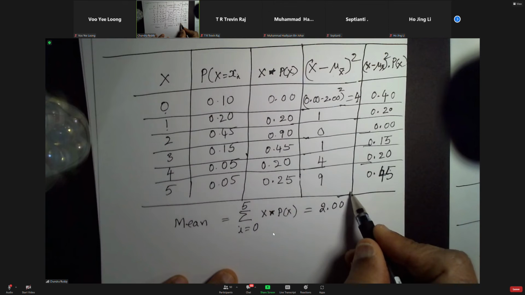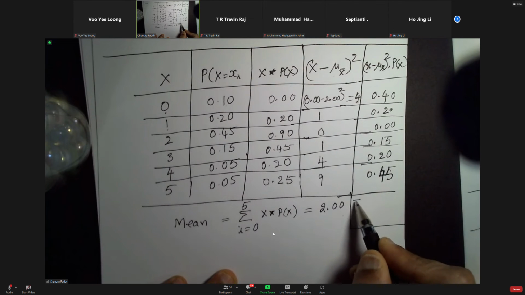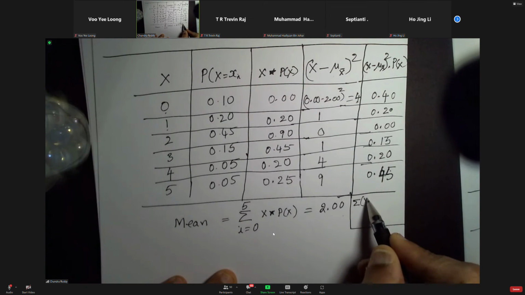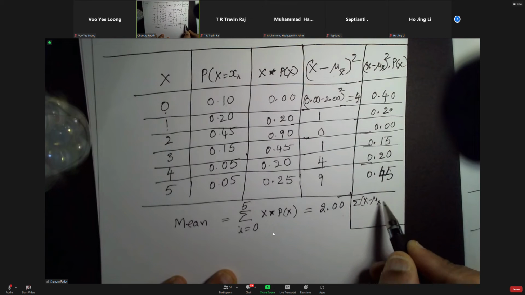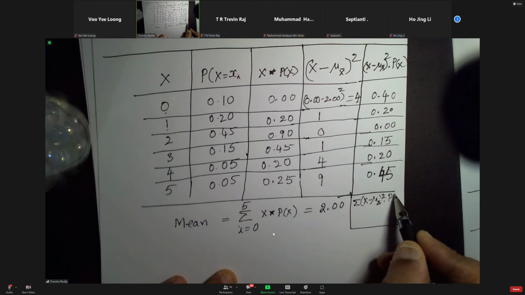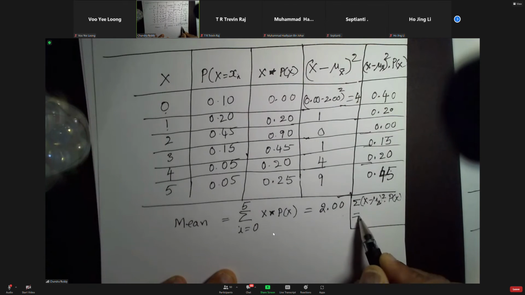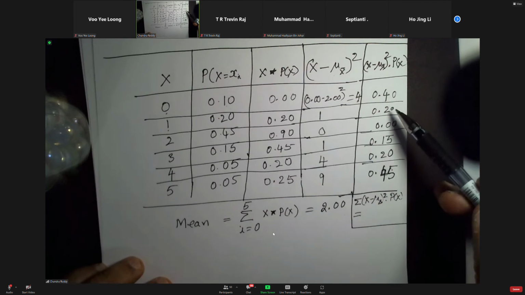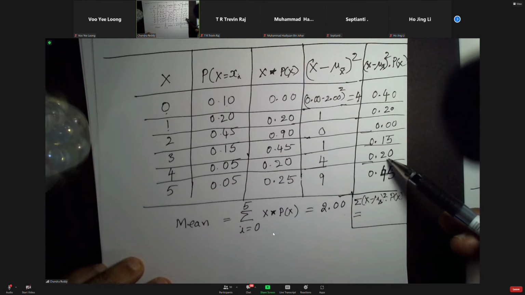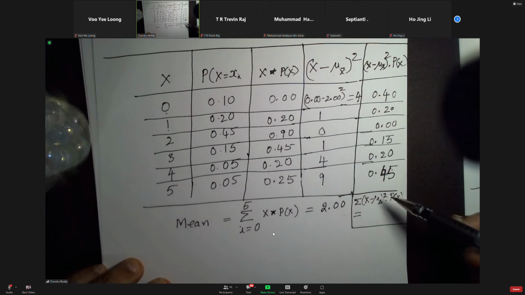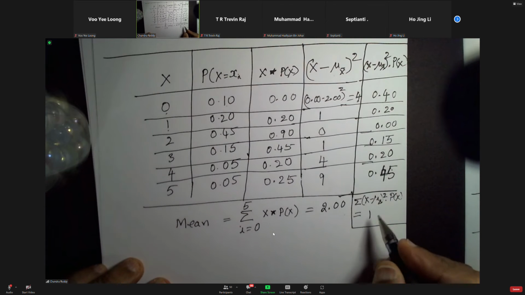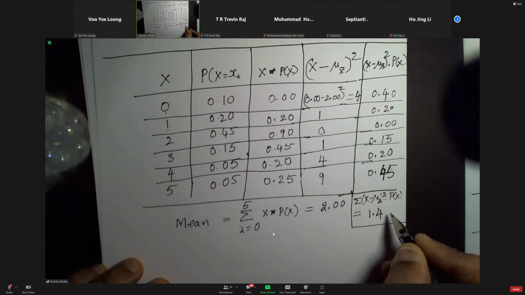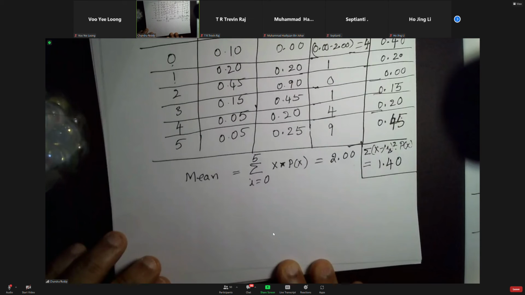So then you add up the whole thing. So the sum of x minus mu x square into probability of x. If you add up, how much do you get? So 0.4, 0.6, 0.75, 0.95, then 1.40. That's correct. So you will get a total of 1.40.